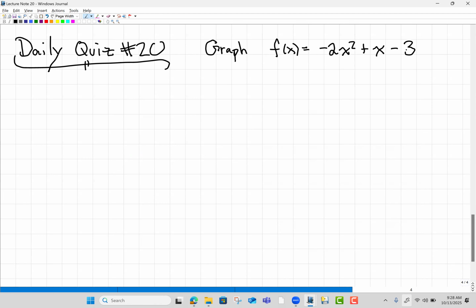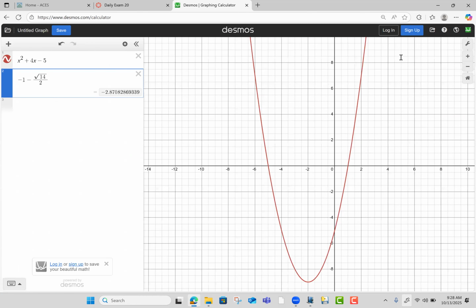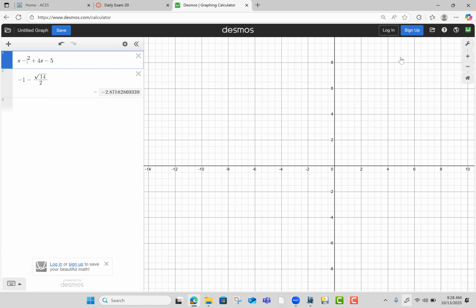I will put it in the Desmos for you. -2, 1, -3.